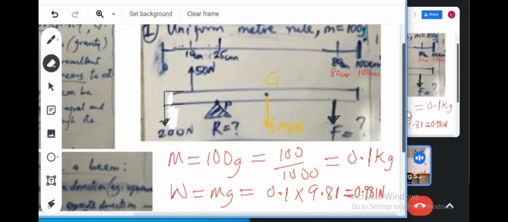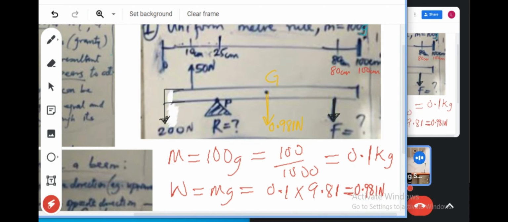When taking a moment, take it about a particular point, in this case the pivot the object rotates about. Remember, moment is force times perpendicular distance from the pivot. So let's go. I need you to watch what we are doing. What's the moment of this 200 Newton force? This distance is 10 centimeters, and this one is 25 centimeters. What's the moment of this 200 Newton force?